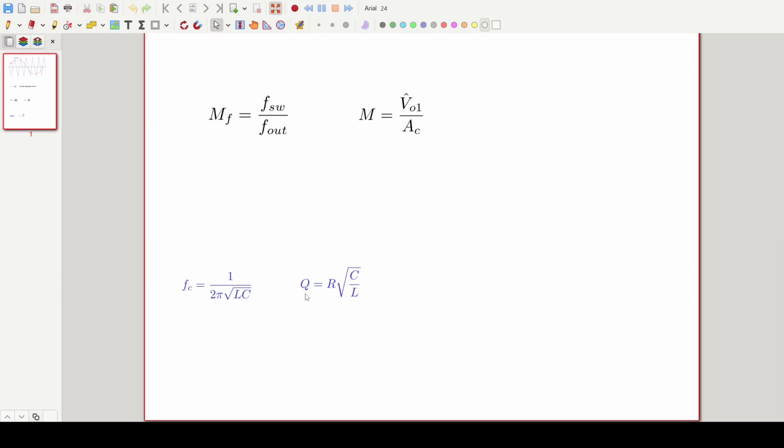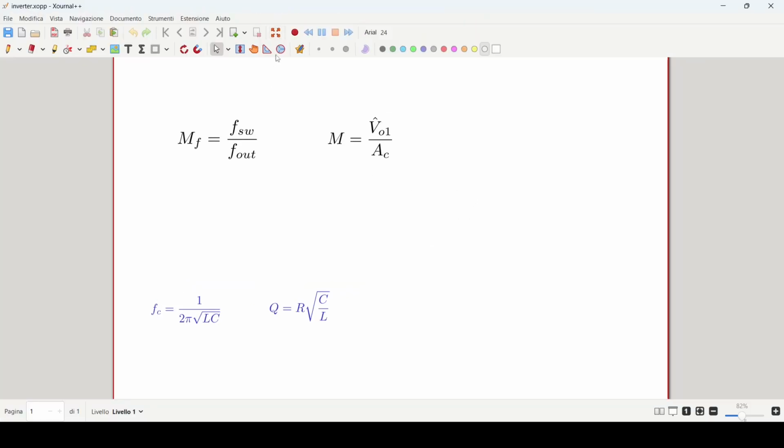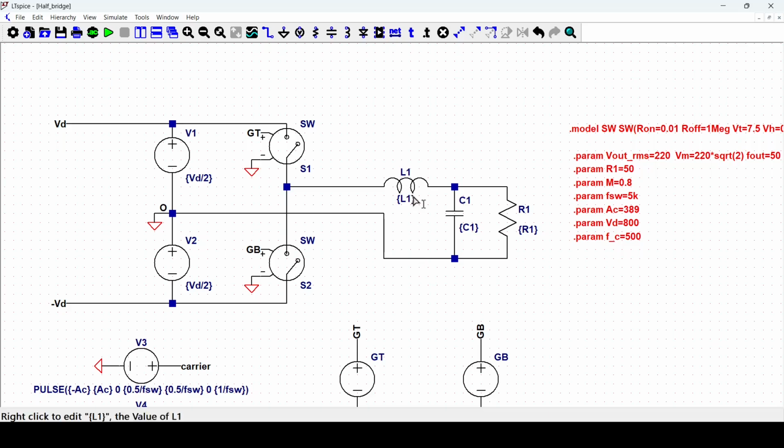And of course we don't want the filter to resonate too much, because the energy gets trapped in the LC tank. An intuitive explanation of why this factor is proportional to the resistance can be seen directly from the circuit. If the resistance is high, the load is absorbing less current.